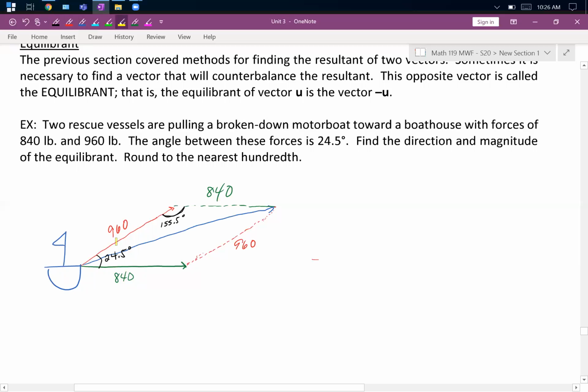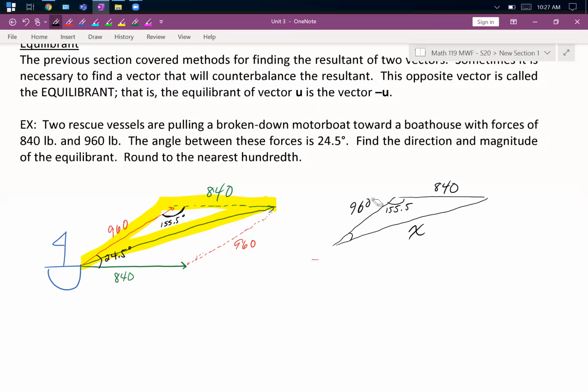I'm going to break out this top little triangle, trying to find that side x again. So once again, we have side angle side. I don't have a known pair, so that tells me I'm going to have to use law of cosines.